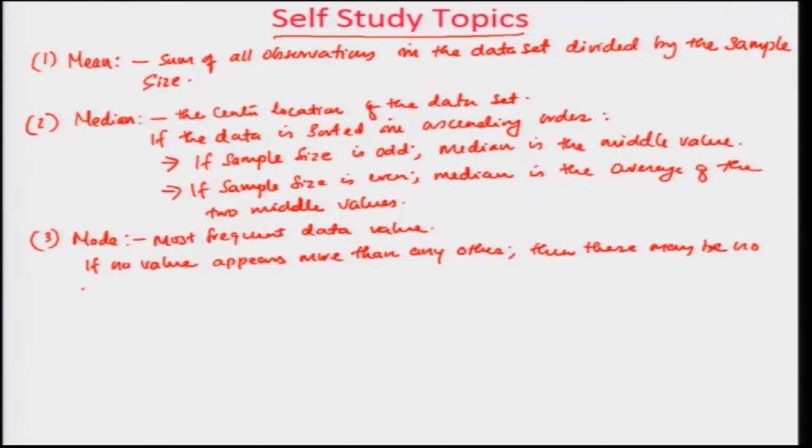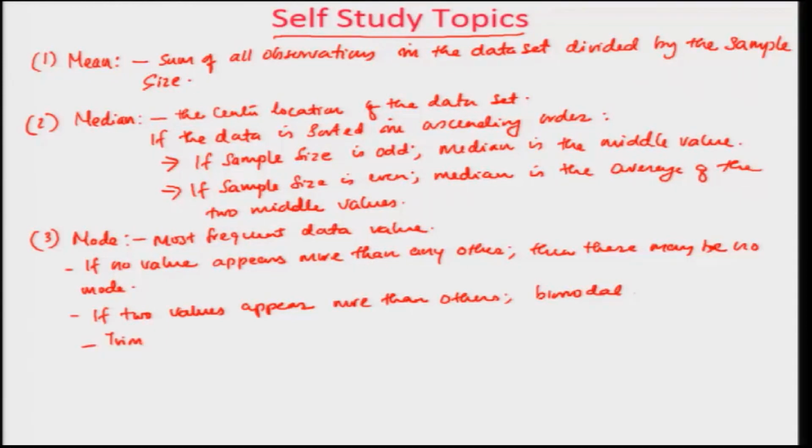Second, if two values appear more than others, the data is bimodal. Then there can be trimodal, multimodal, etc. You need to learn and study that.